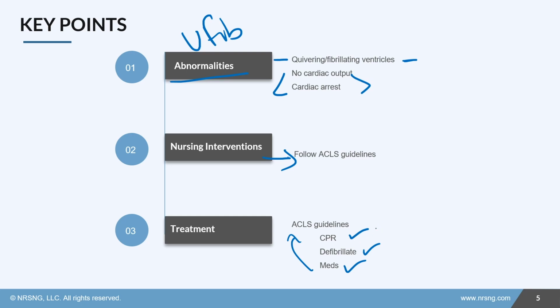And basically, you do CPR every 2 minutes until you do a rhythm check, and medications every 3 to 5 minutes or however often you need to. Again, ventricular fibrillation is not one of those rhythms that you wait to see, oh, is this really happening? No, you do something about it right away.